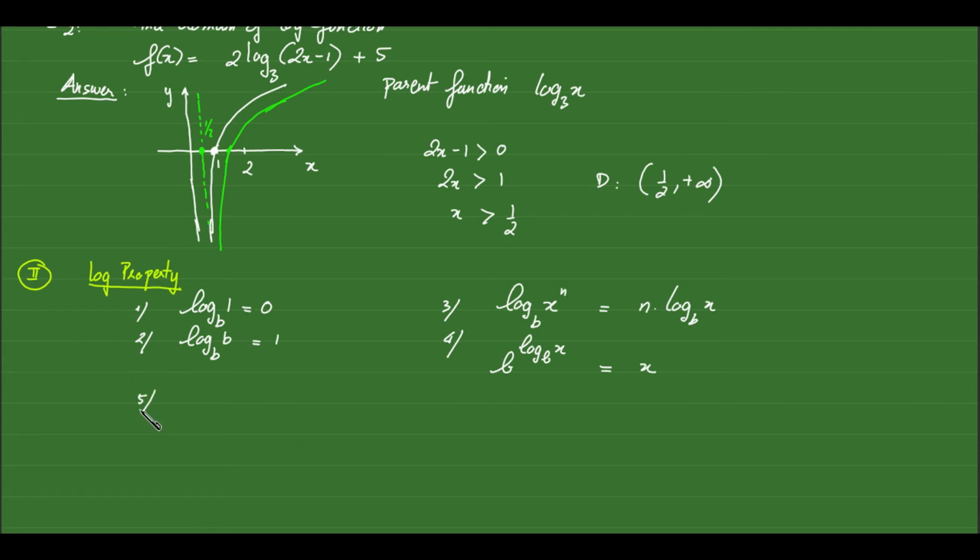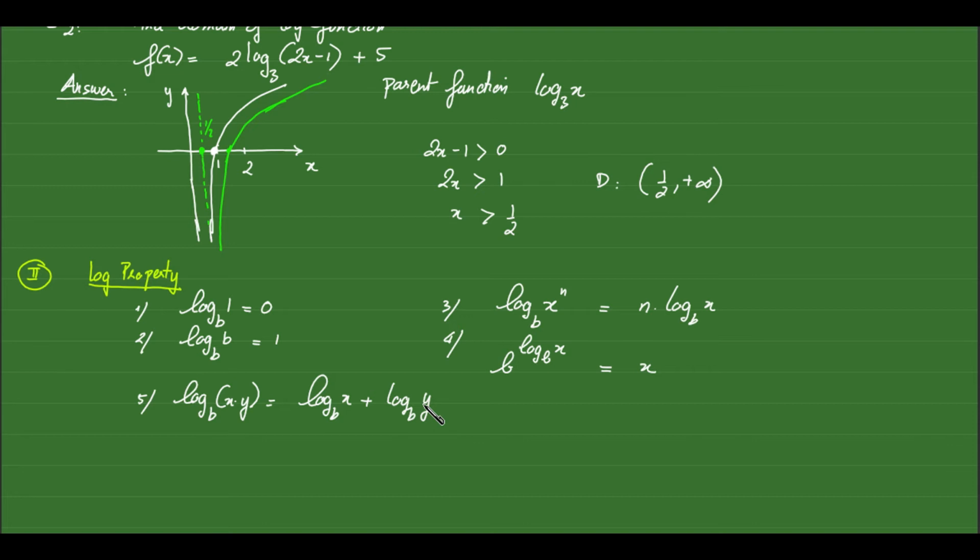Number 5 and number 6, we usually use when we try to simplify a log expression. If we have log base b of x times y, then this gives you log base b of x plus log base b of y.